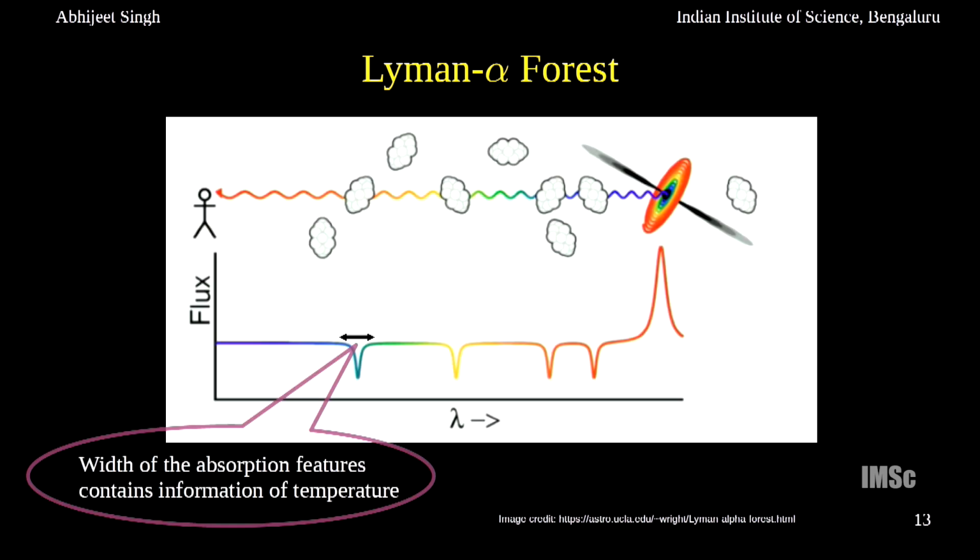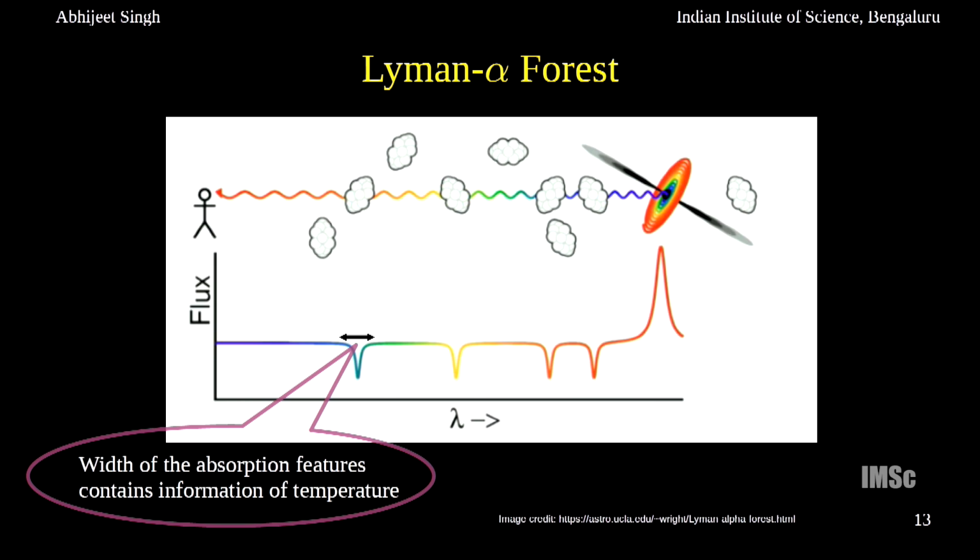So how does it help us? Suppose there is a distant quasar at some high redshift, like 6. Quasars have a very broad spectrum. As the light from the quasar comes to us, there may be clouds of neutral hydrogen in between. I say clouds because reionization also starts at these epochs, so in some regions the hydrogen gets ionized, and in some regions there are clouds of neutral hydrogen.